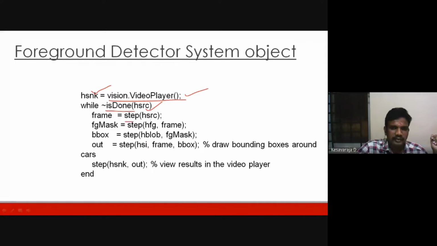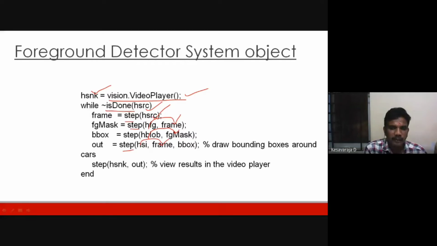Step number 1, reading the source video. Step number 2, applying the foreground detector.